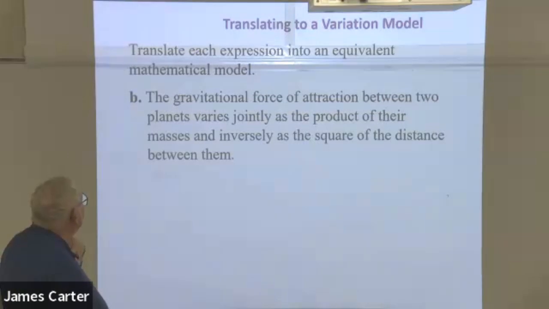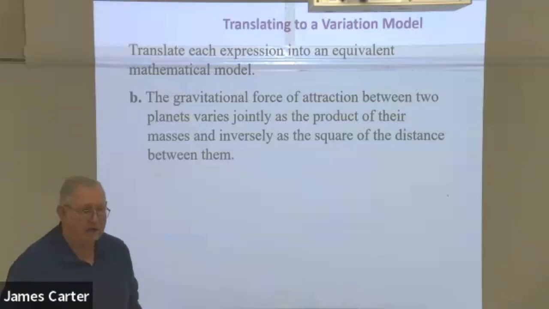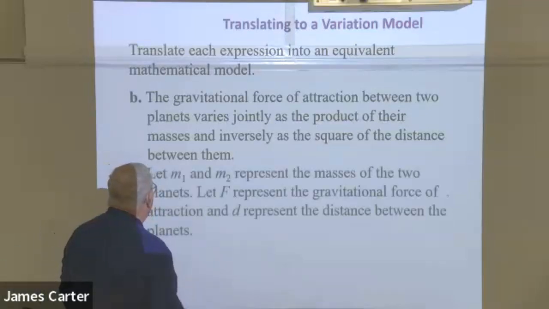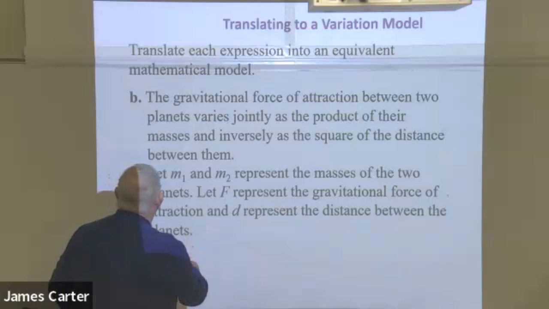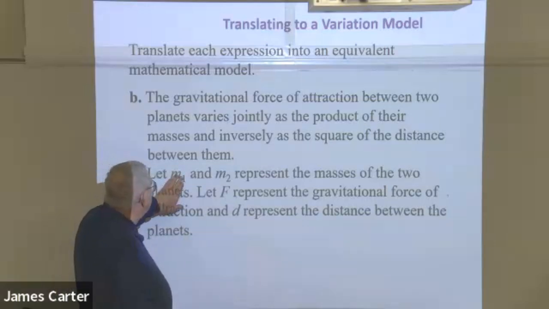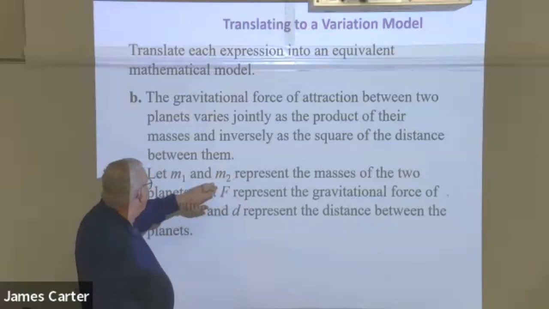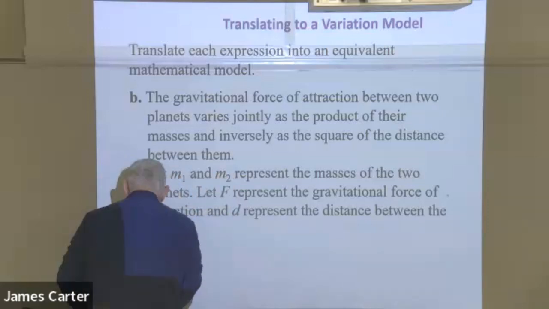Now, gravitational force between two planets varies jointly as the product of their masses and inversely as the square of the distance between them. A lot of verbiage there. What are they saying there? Well, they're going to let this be the mass of the first thing, this be the mass of the second thing. This is the mass of the Earth.